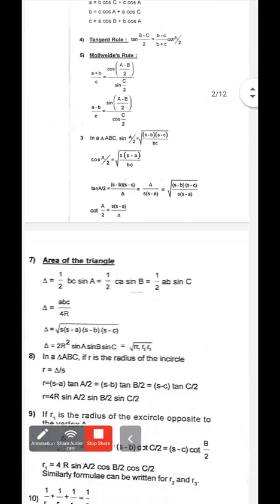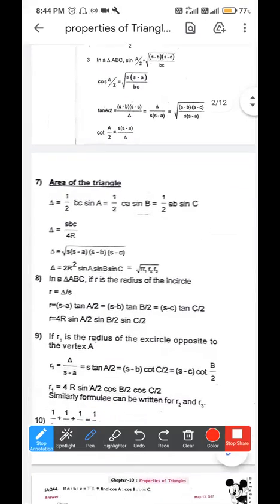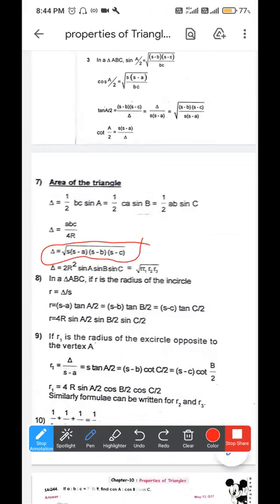So these are a few important formulas. Now what is delta? Delta is nothing but the area of the triangle. So delta is half of bc sine capital A, which is also equal to half of ca sine B, which is equal to half of ab sine C. Another formula for delta is abc by 4R.